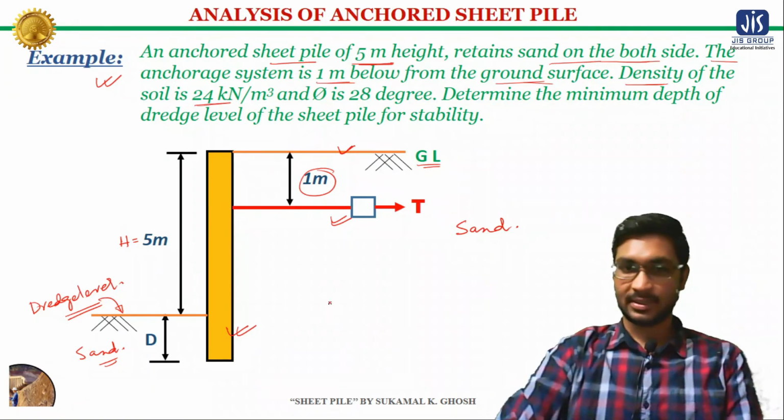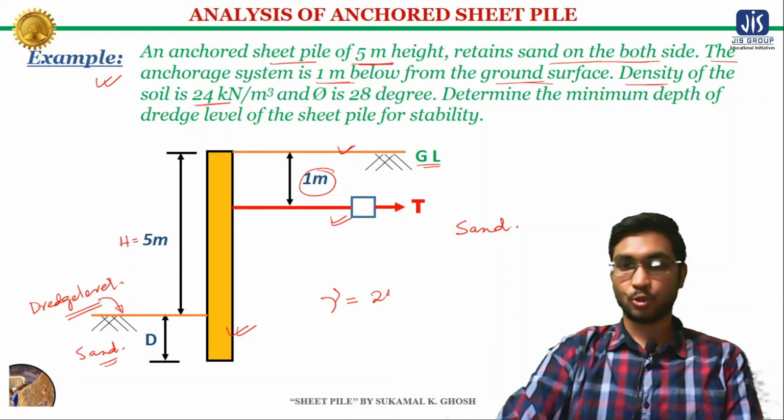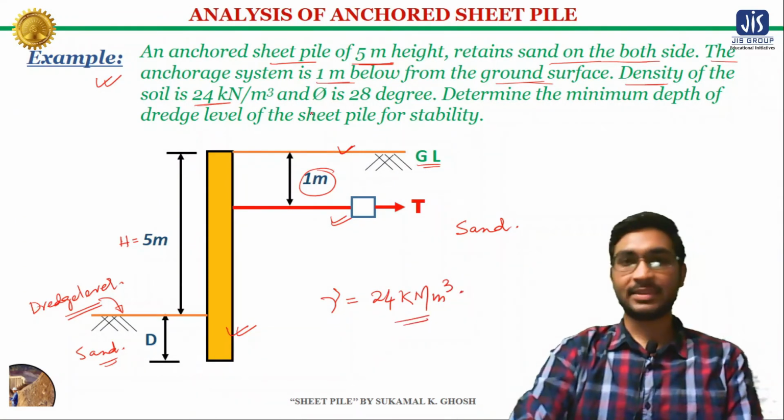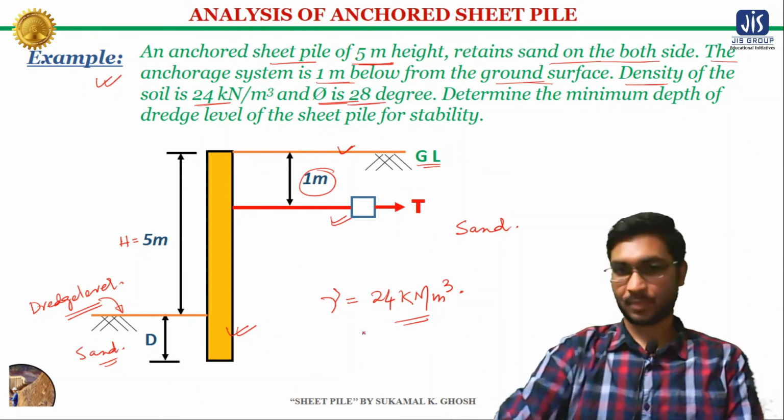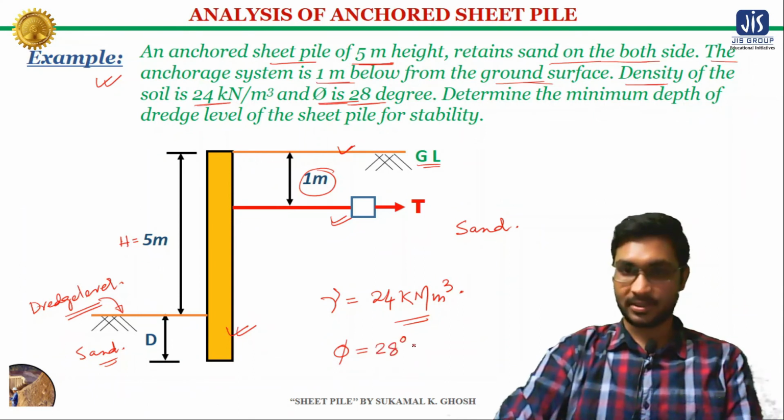It means the unit weight, gamma, of the soil is 24 kilonewton per meter cube. And the angle of shearing resistance, phi, is 28 degrees.